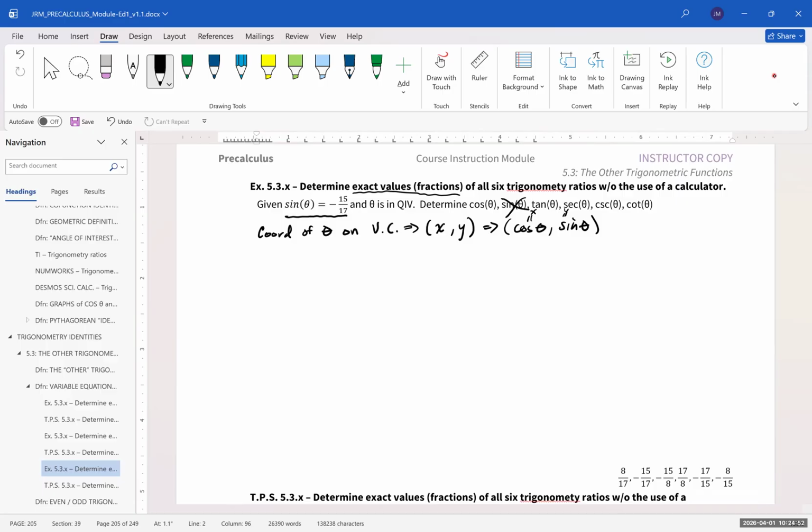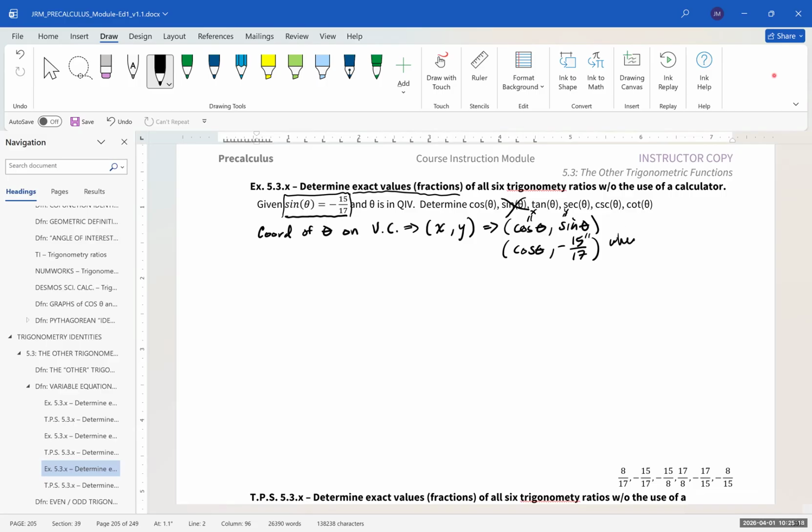Now, what we're given here is that sine theta is negative 15/17. Sine theta is equal to that. That at least is the y value.